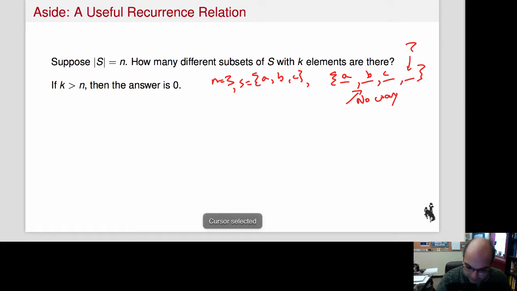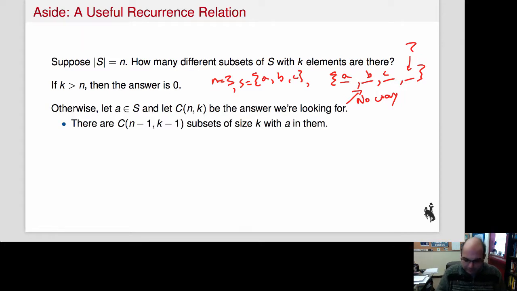So that's a partial answer. What else do we know? Otherwise, I'm going to let A be an element of S, and I'm going to define C of n, k to be the answer I'm looking for. So C of n, k is the number of subsets of size k that I can make out of a set that has n elements.